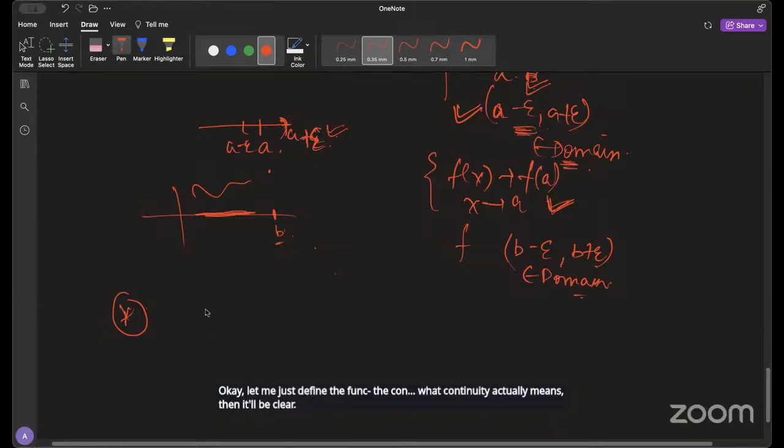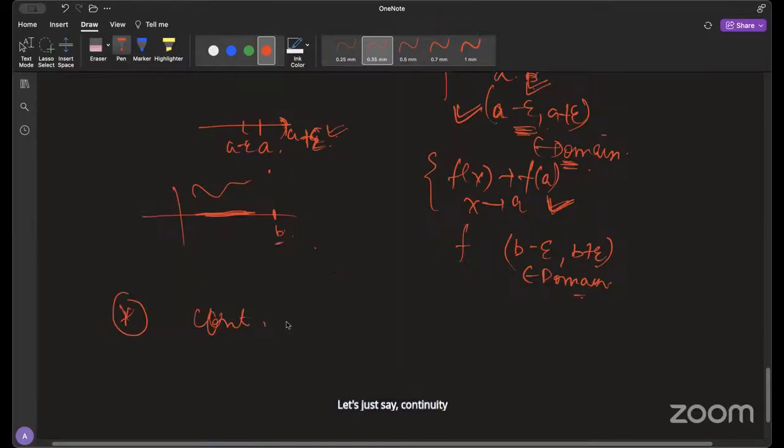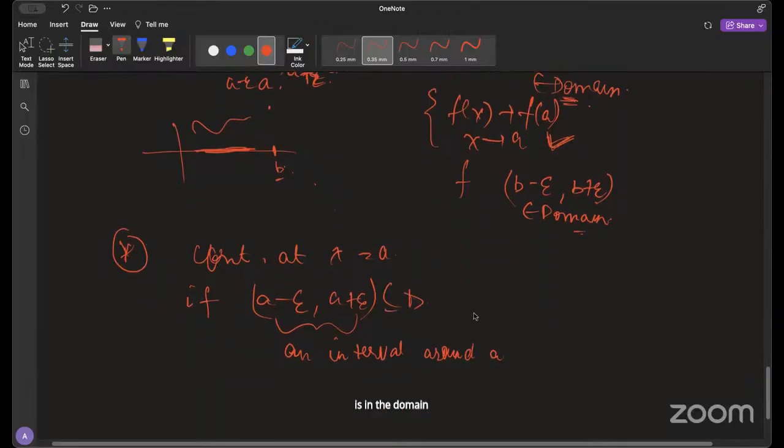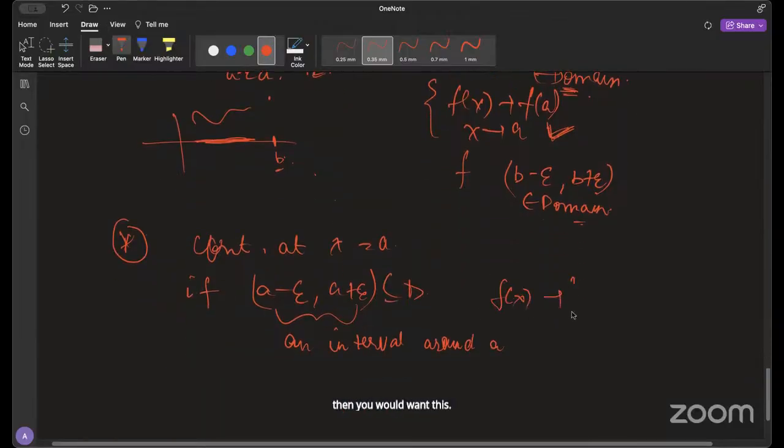So for F to be continuous, let's just say, continuity at x equals A. If A minus epsilon, A plus epsilon, this is a little complicated, we just mean an interval around A. If an interval around A is in the domain, then you'd want this: F(x) tends to F(a) when x tends to A.